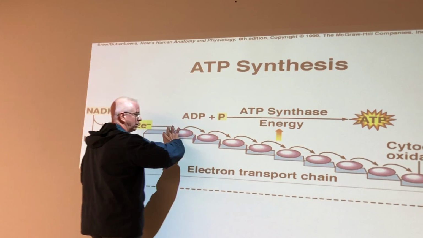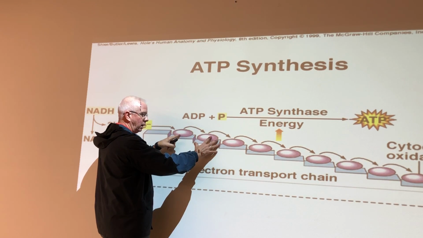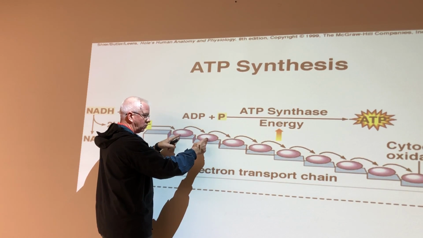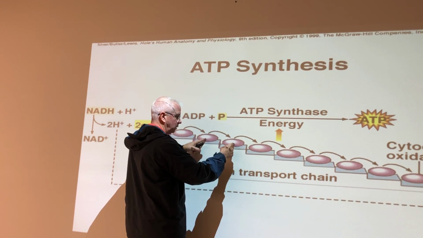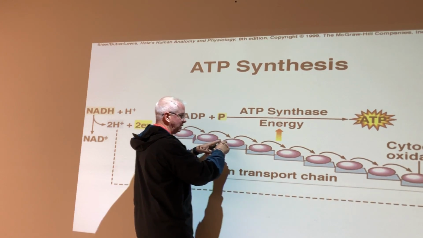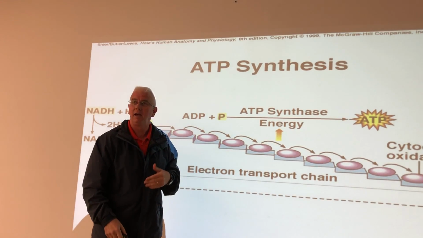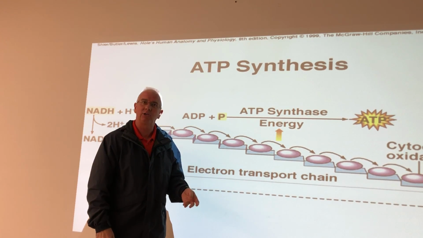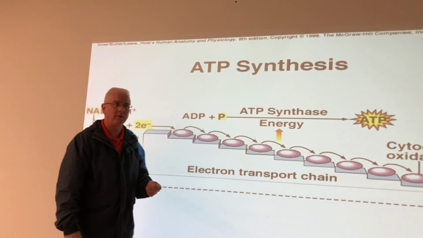And then the electrons are transported to the next molecule, and this one is now oxidized, and this one is reduced. And then the electrons are transported here, and this one is reduced, and this one is oxidized. And the electrons, are you following me? Yeah. This is what we mean when we say oxidation reduction reactions. The transporting of electrons from one molecule to the other.